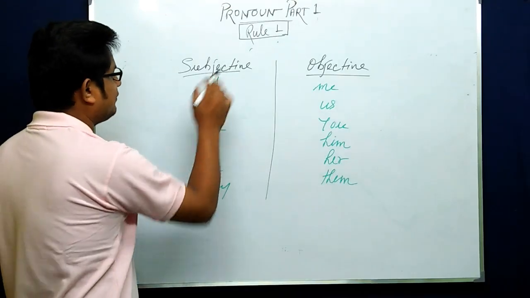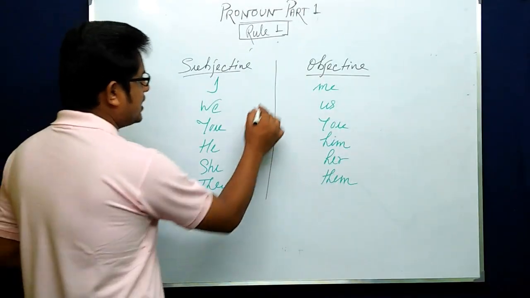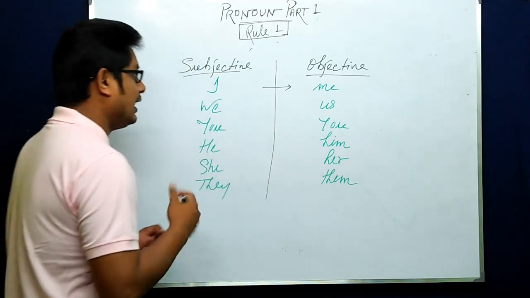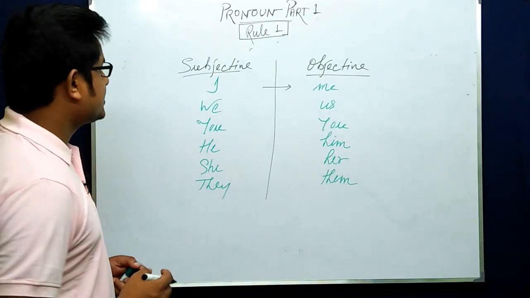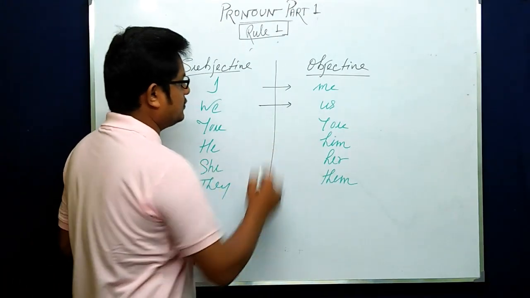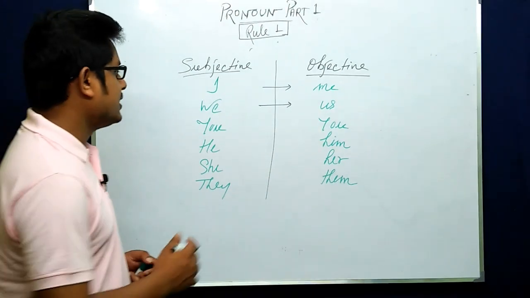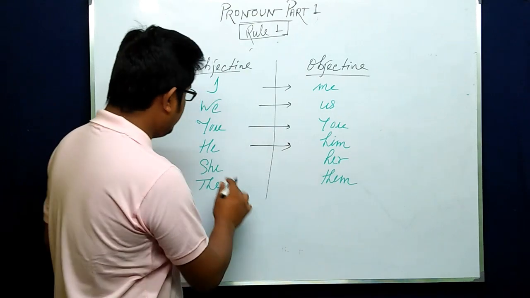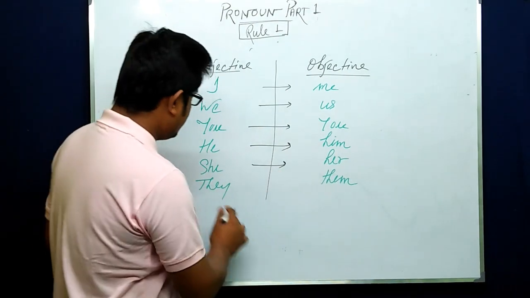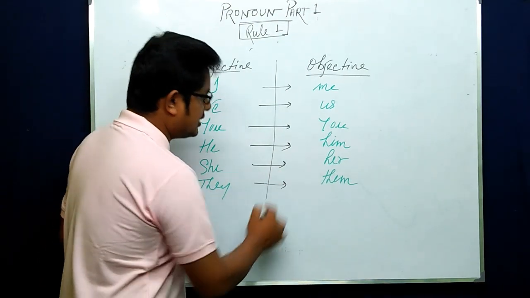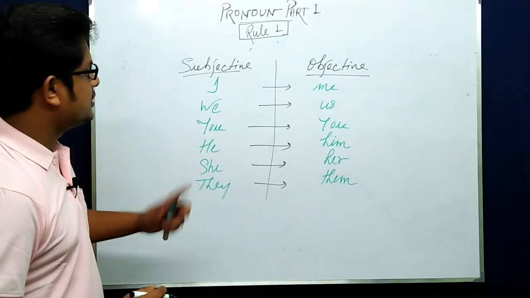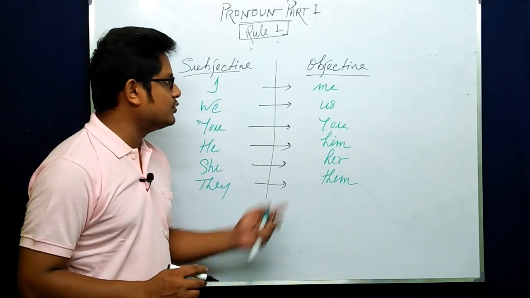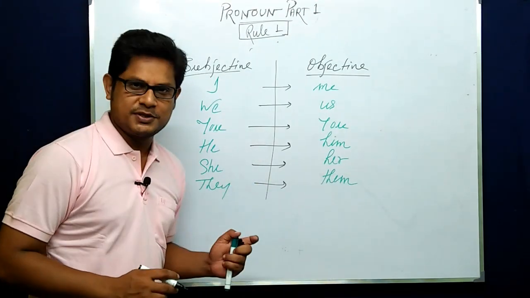See, if I is subjective, then me would be the object of I, right? If we is subjective, then us would be the objective part of we. Then you, he, it would be him, she, it would be her, and they, it would be them, right? So this is what you have to know, that objective part and the subjective part.